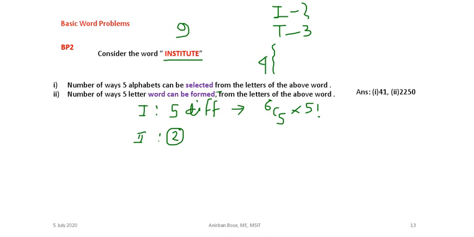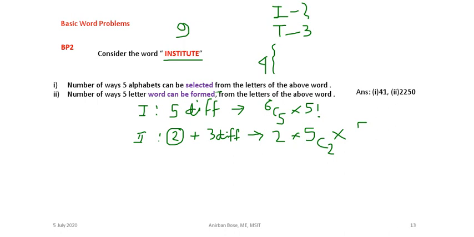2 of one kind and 3 are different, right? 3 are different. So 2 of one kind can be of two types possible, either 2I or 2T, and 3 different can be selected from 4 plus 5. From this 5 we can select 2. And how many ways they can be arranged? They can be arranged now in how many ways? Total number is what? 5.